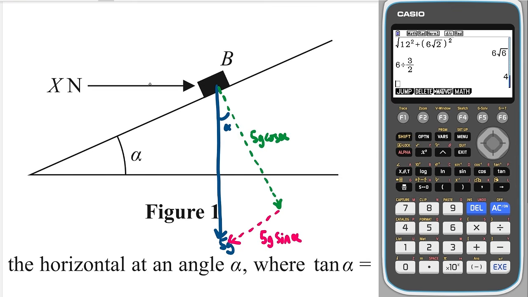Next I'm going to look at this X force. It's not acting parallel or perpendicular to the slope, so I'm going to have to take components again. So let's just start at the start of the angle like I did before. I'm going to draw a dotted line perpendicularly down, and then I'm going to draw one perpendicular to that line across, and we should have drawn arrows from the start all the way to the end of the force. Now what angle is this in here? This is also alpha.